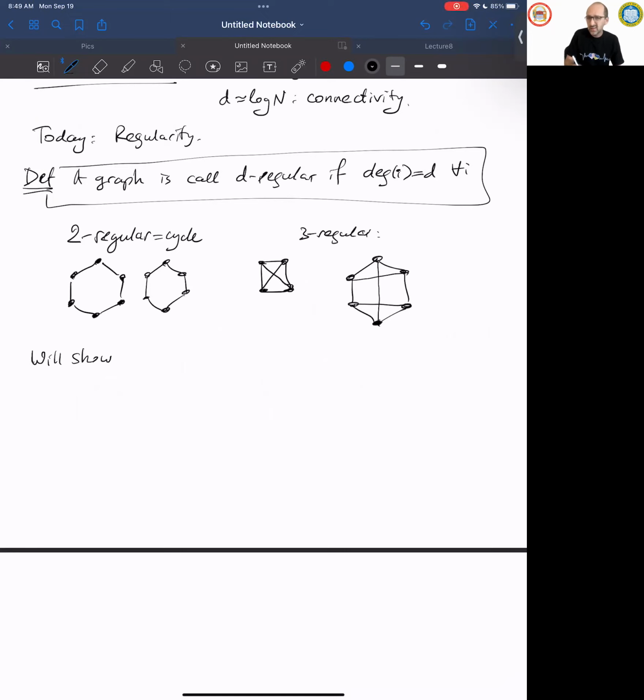So what we will show today, and maybe Wednesday too, is that at expected degree d equal to log n, there is a phase transition for regularity of the random graph G(n,p).